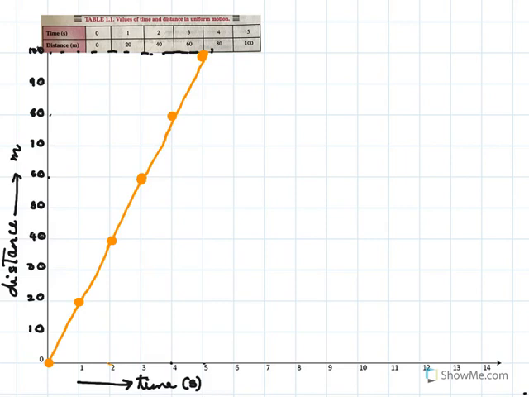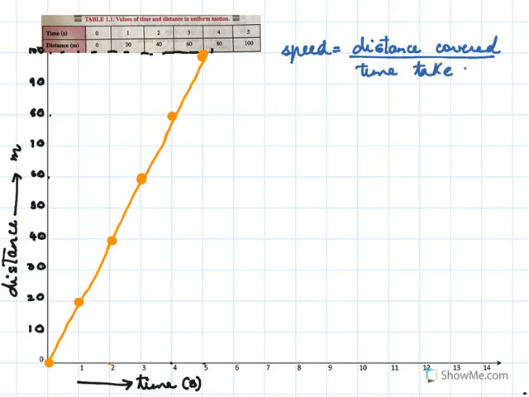Let's examine this graph a little bit. Let's see how we can calculate the speed from this graph. Now what is speed? We know speed equals distance covered over time taken. We'll take 2 points.